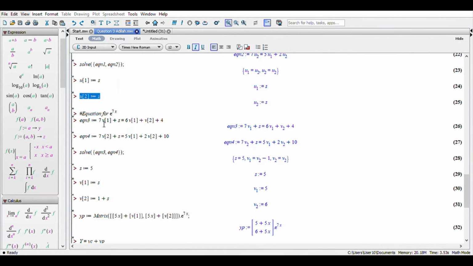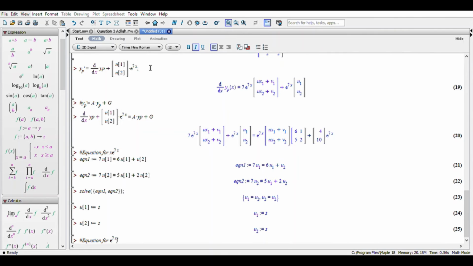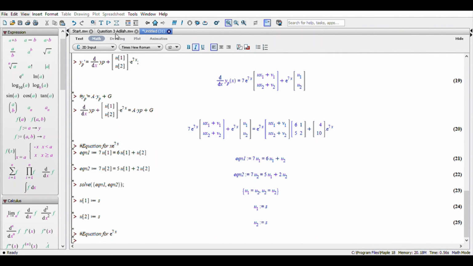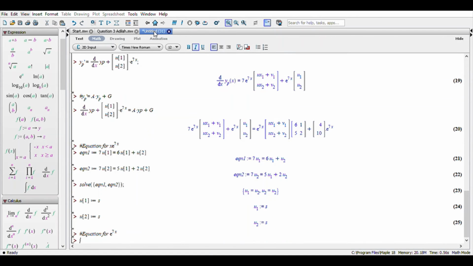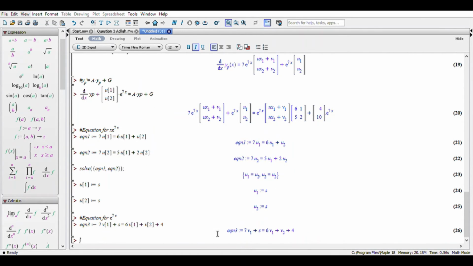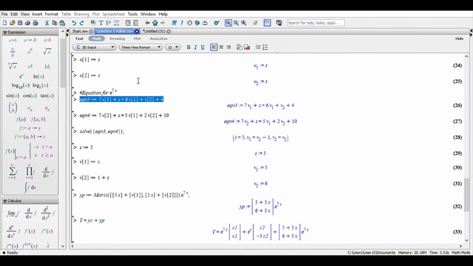Okay. Next, for the equation for exponent 7x, the first equation here we form as equation 3, which is 7v1 plus s equal to 6v1 plus v2 plus 4.